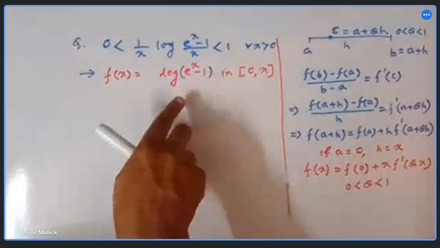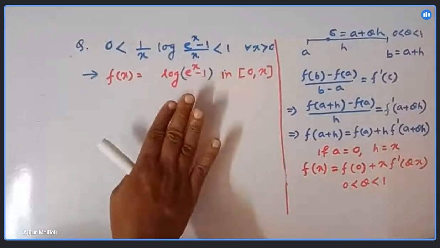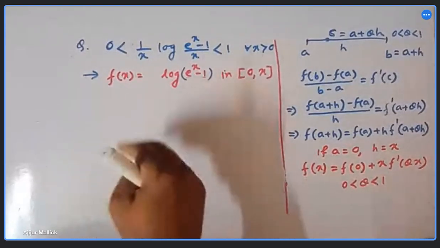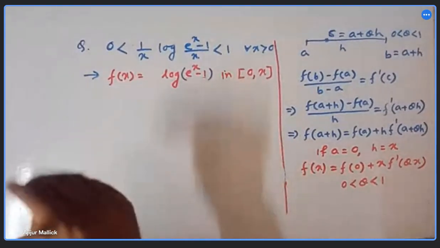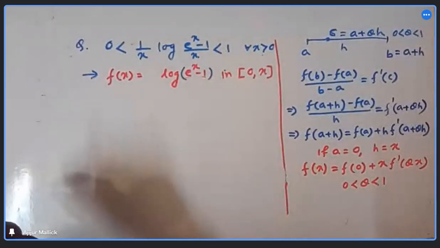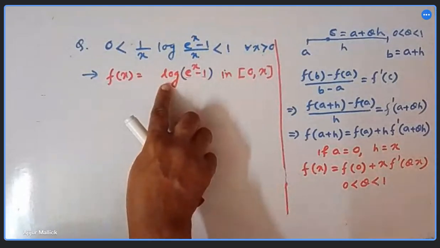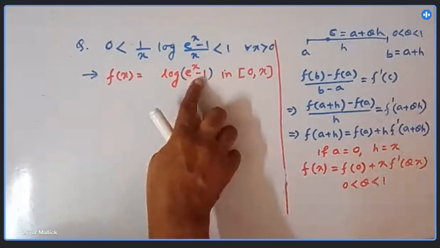So the first condition of LMVT is not satisfied, due to the presence of the log function. Log 0 is undefined.